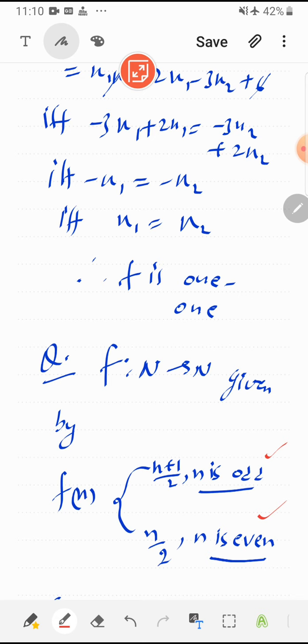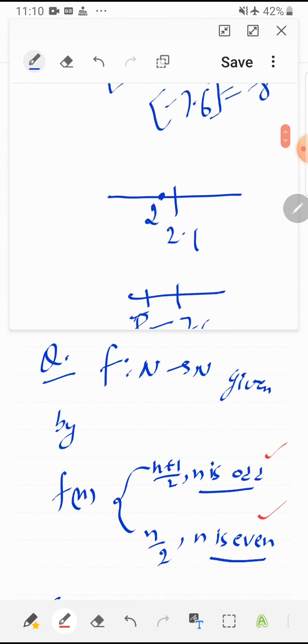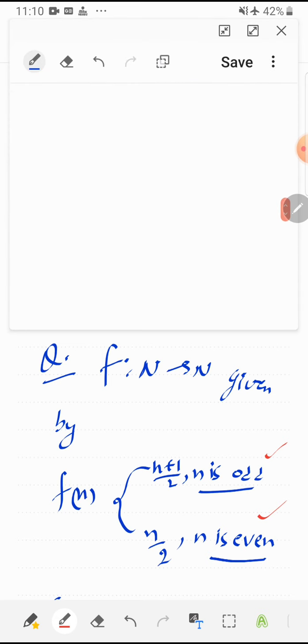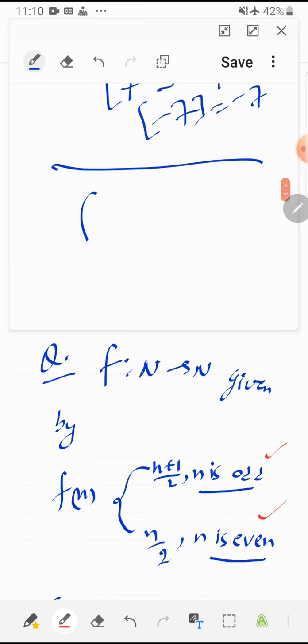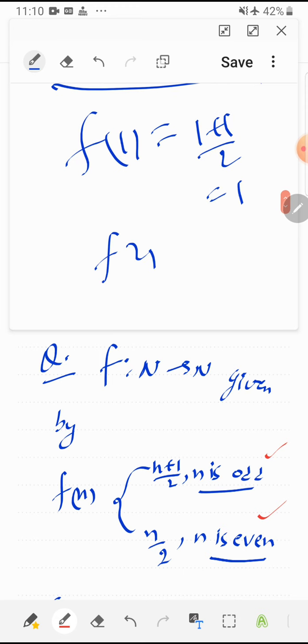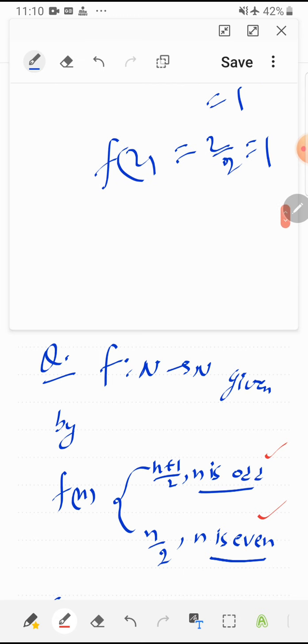So what we have to do, again, is try to know the function. If we randomly put different values, we will come to know what f of 1 is here. Put x is equal to 1: 1 plus 1 by 2, it is 1. What is f of 2 here? 2 by 2, because 2 is even. So again 1. What is f of 3? 3 plus 1 by 2, or 4 by 2, which is 2.